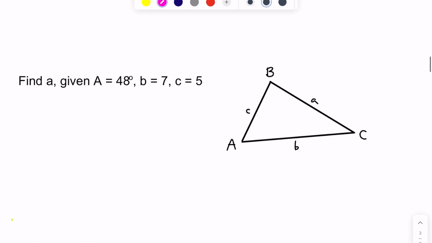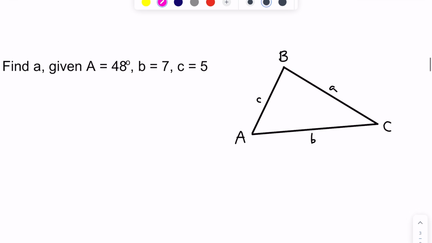Okay, so first problem, we're given a little bit of information here. This is 48 degrees. Our B value, this is 7. And then our C value over here, this one is 5.